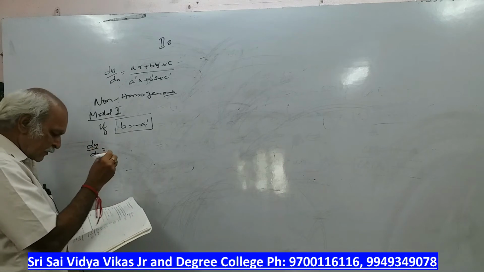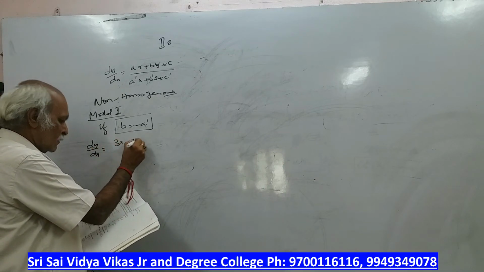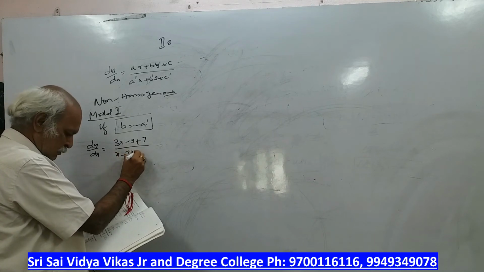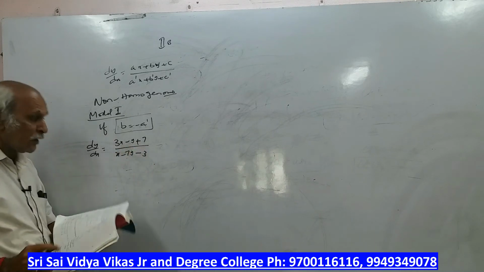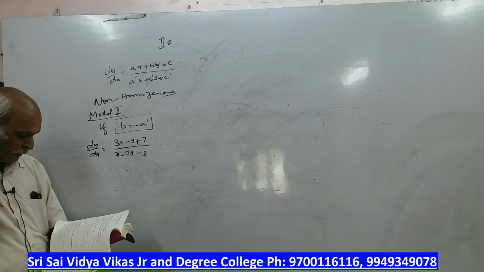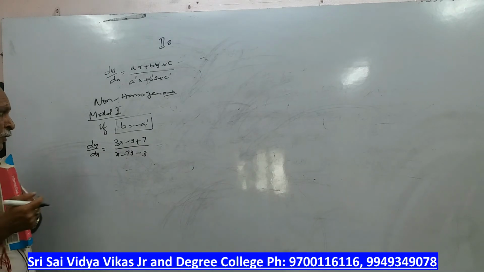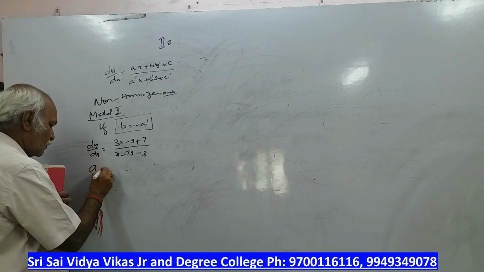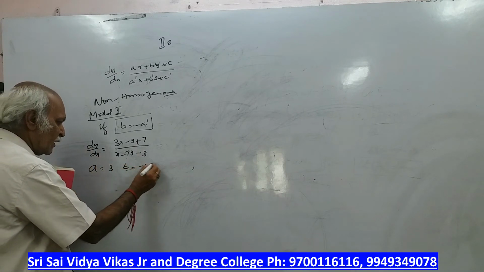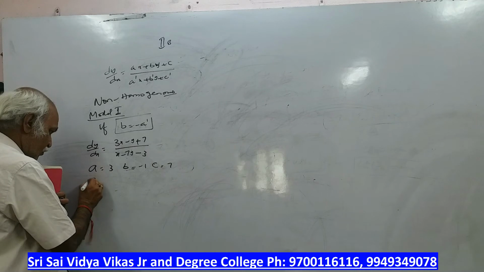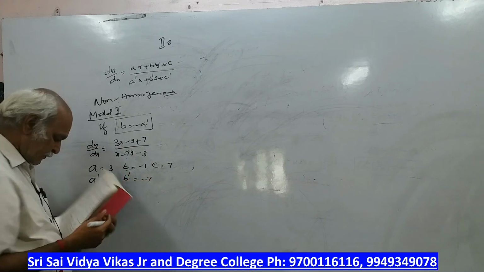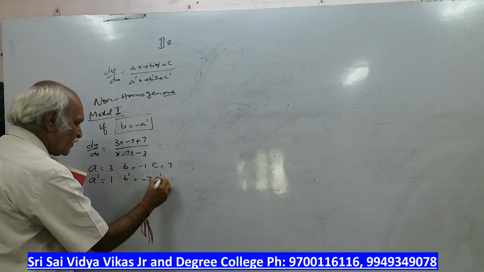dy by dx is equal to... Now what is the a value? 3, b value minus 1, c is 7. What is a dash? 1, b dash minus 7, and what is c dash?